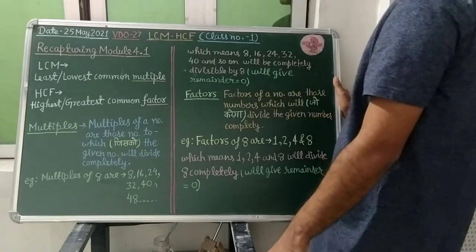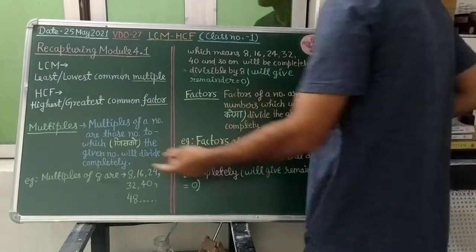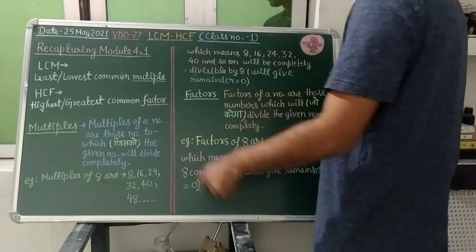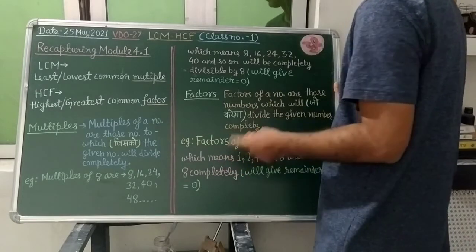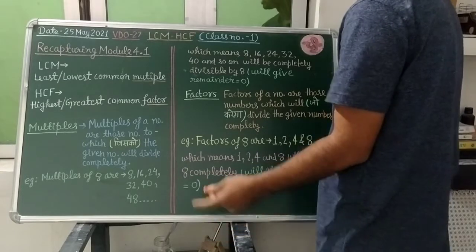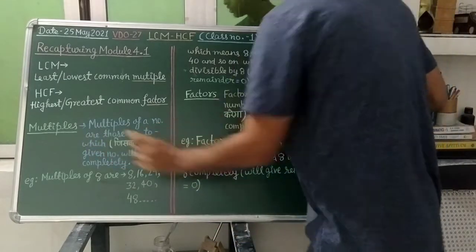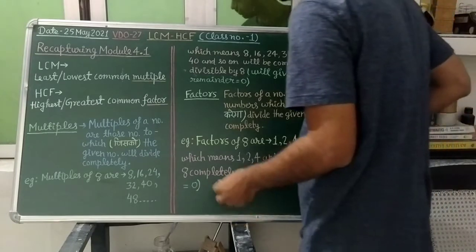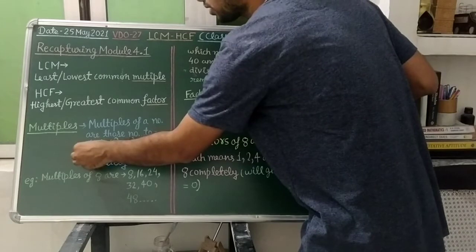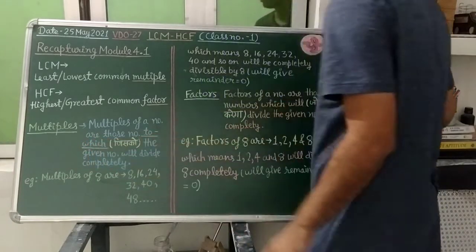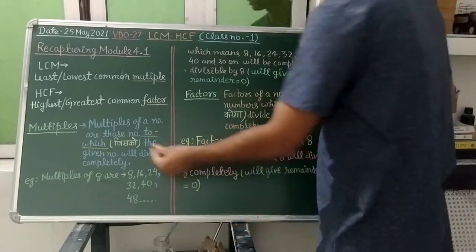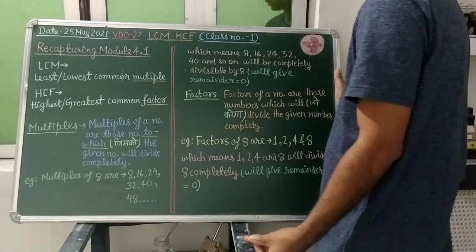So students, I will tell you that multiples of a number are those numbers to which, listen very carefully, please remember this, to which, in Hindi you will say jisko, okay?